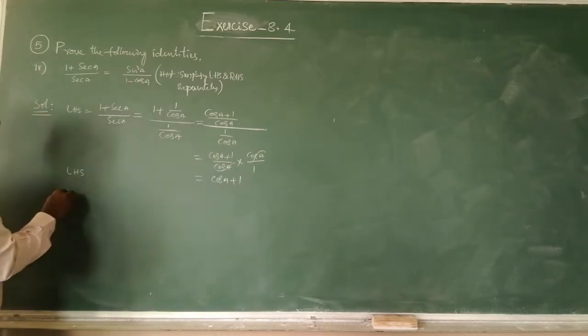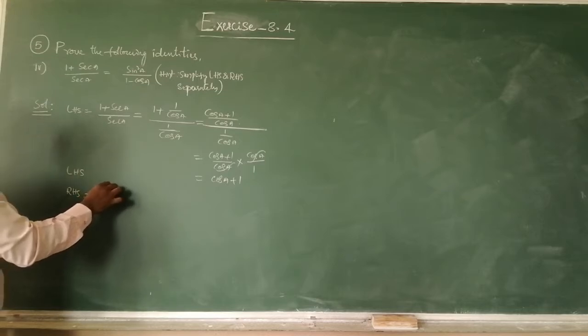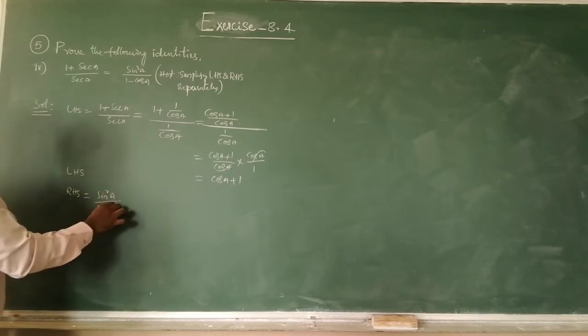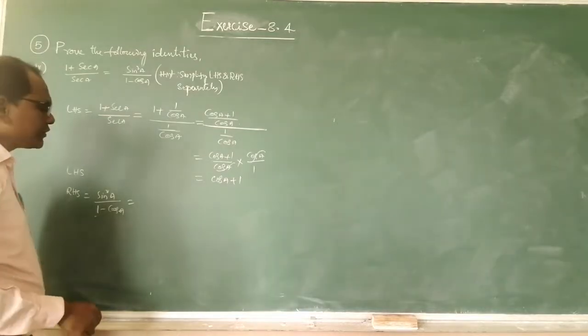Then I am going to take the RHS. RHS equals sin square A by (1 minus cos A). As per identity 1, what is identity 1?